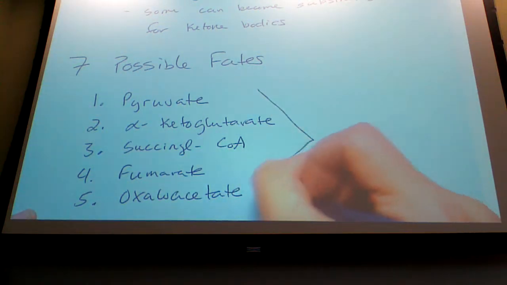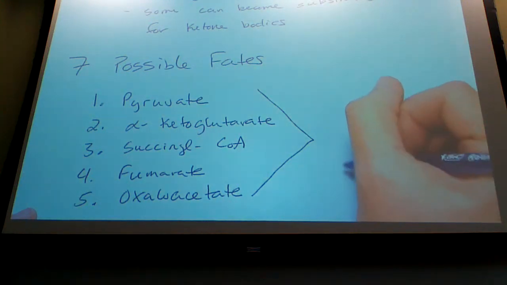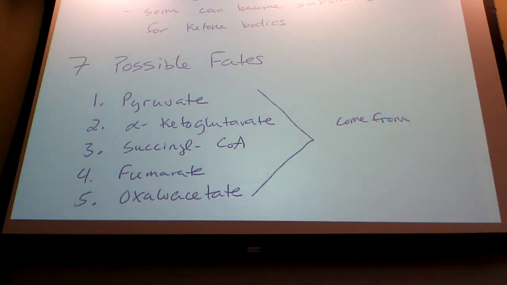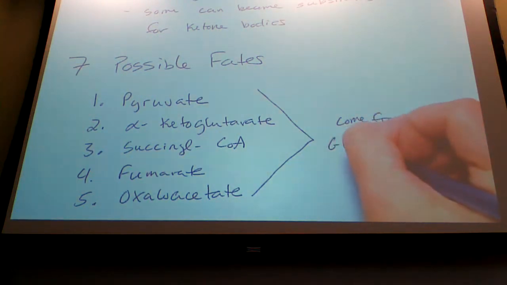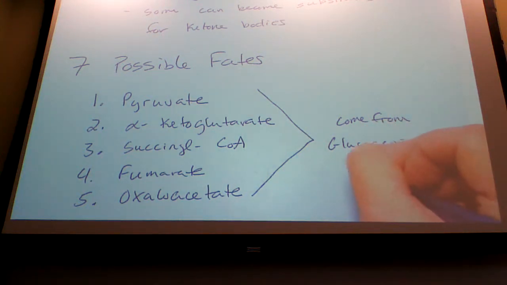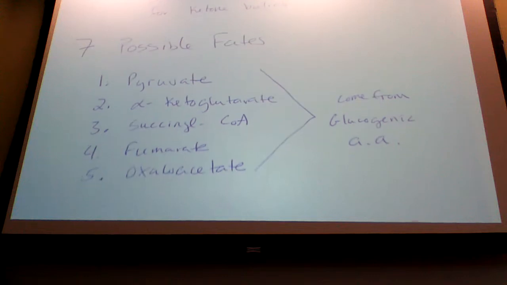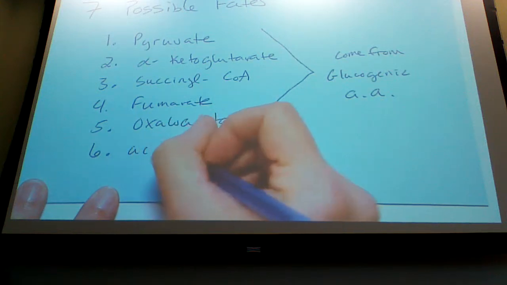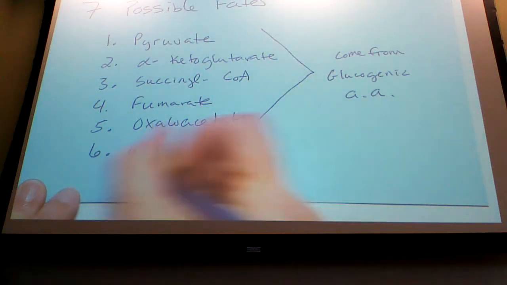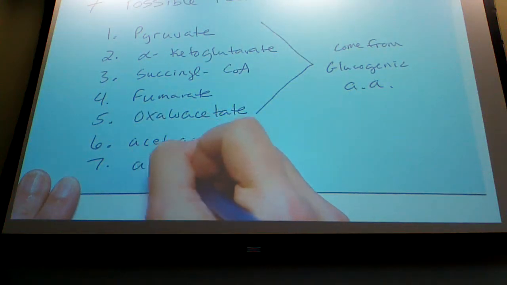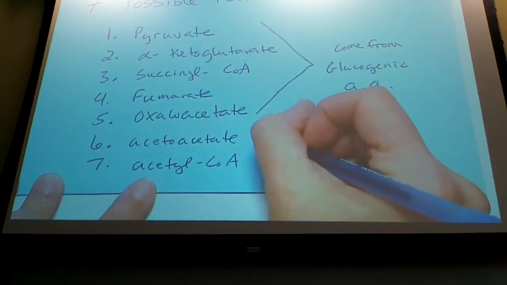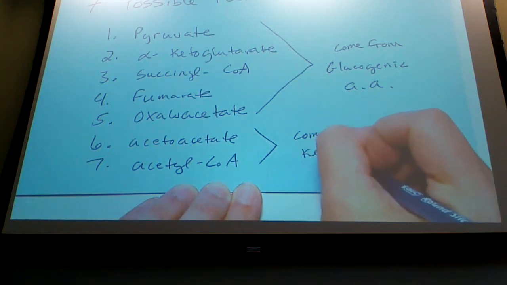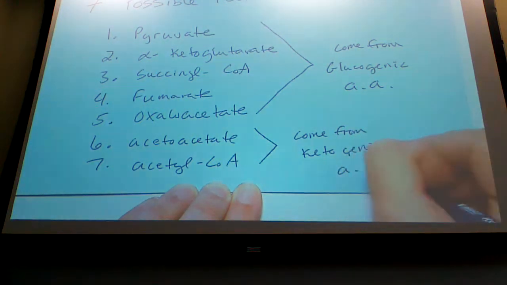These first 5 come from what we call the glucogenic amino acids. And 6 is acetoacetate. And 7 is acetylcoenzyme A. And these last 2 come from what we call ketogenic amino acids.